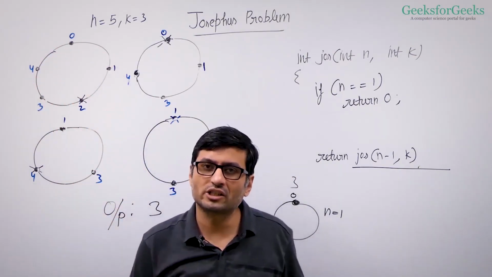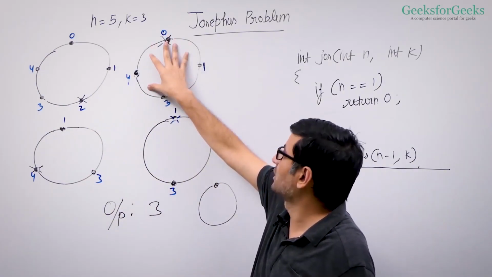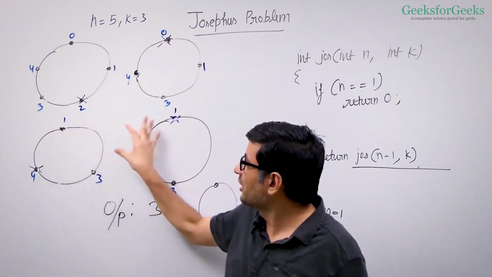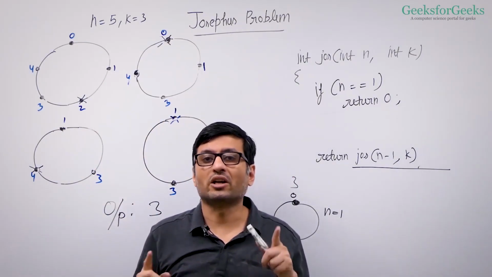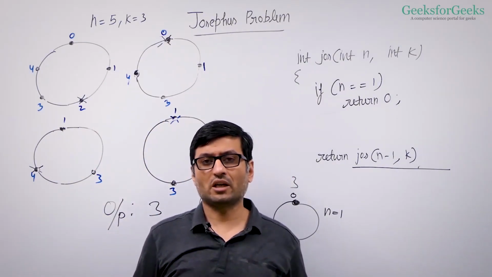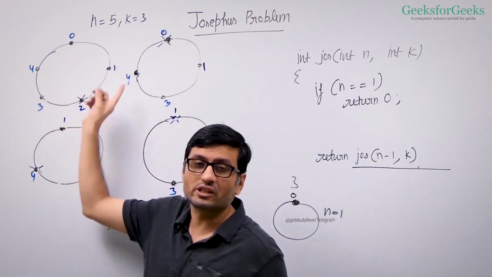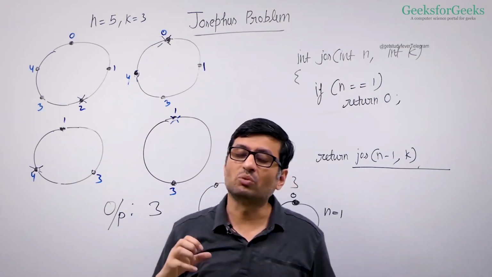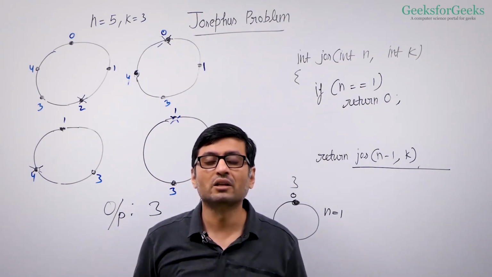So you need to adjust the output returned by this recursive call, and this recursive call needs to adjust the output returned by this recursive call. Similarly here, similarly here. So what adjustment will you make in the returned value so you get the correct numbers according to your original circle? Please pause this video, do some examples and see what adjustments you will make in the value returned by recursive function calls.